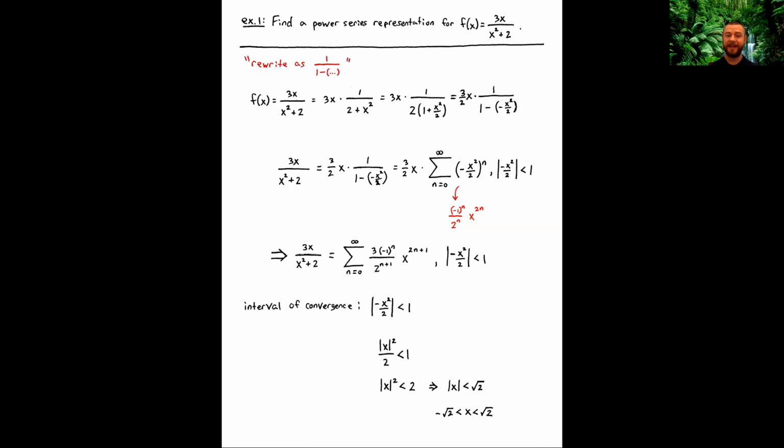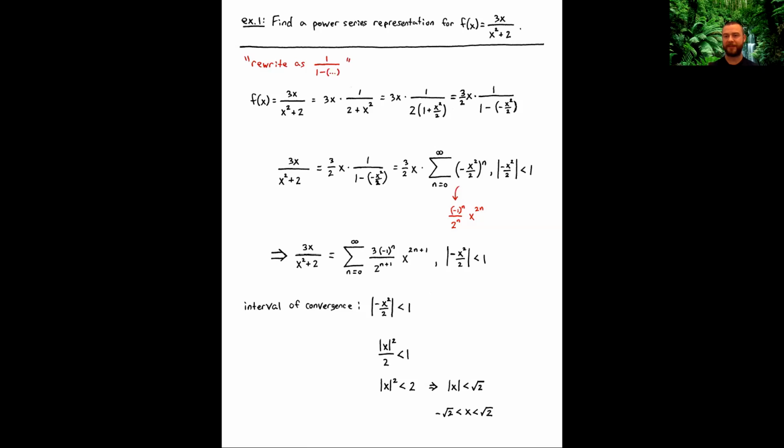We can think of absolute value of x squared, interchange the order, there won't be any sign issues. We can rewrite that as absolute value of x, then squared. We can multiply that 2 in the denominator to the right side to get absolute value of x squared less than 2. And then from there, we can basically solve the inequality for absolute value of x, take the square root of both sides.